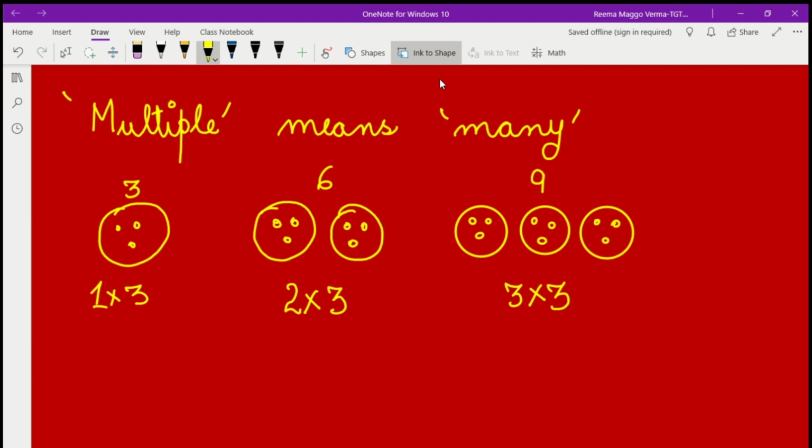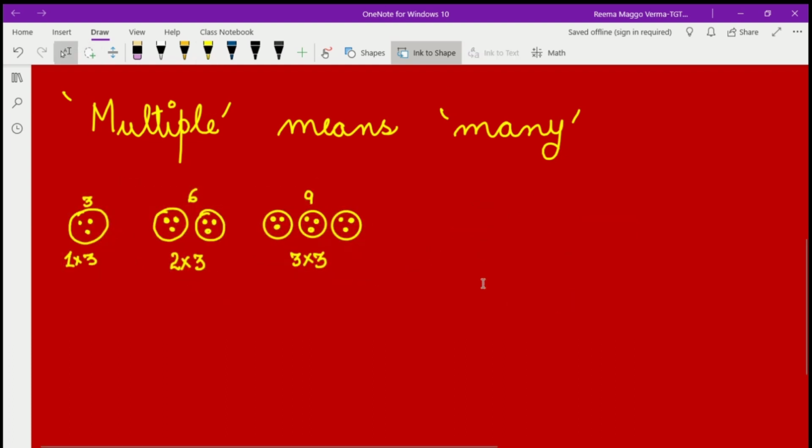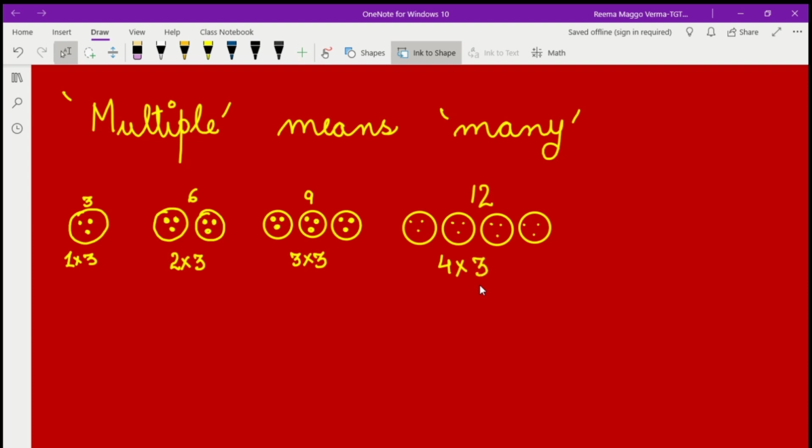Here we are taking many groups of 3 and we are getting more numbers: 3, 6, 9. They are all multiples of 3 because we are taking many groups of 3. Now if I take 4 groups of 3, I am going to get 12 dots, and it is a multiple of 3.